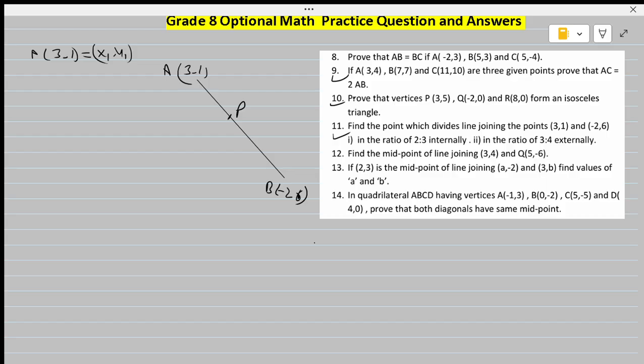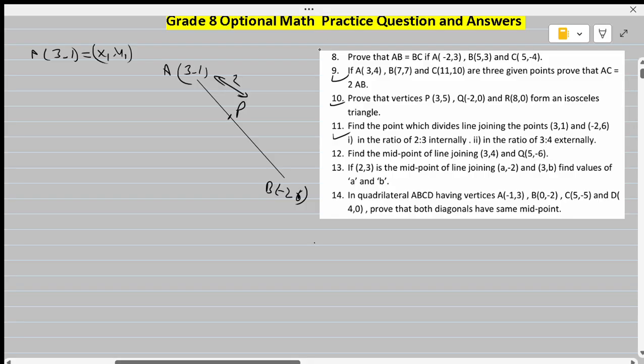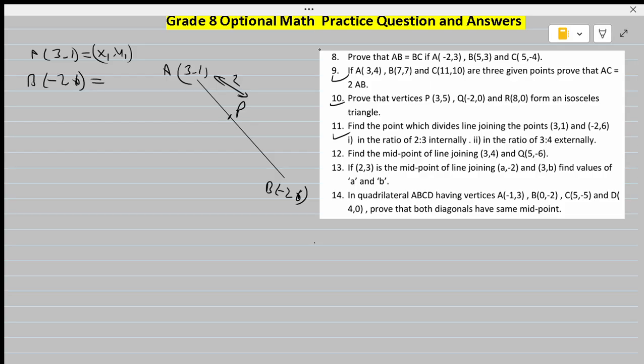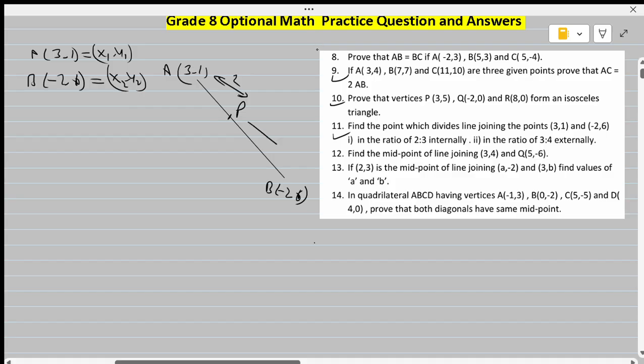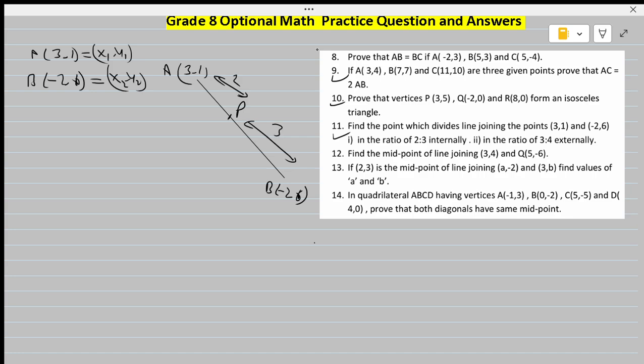So the first part of the ratio is 2. So P divides this AB such that AP is 2 parts, and from P to the second point B, -2, 6 given, that we consider the second point x2, y2, the distance from P to B is the second part, 3. So this way we draw the diagram, and now we use the formula.